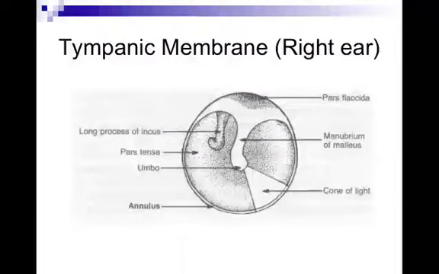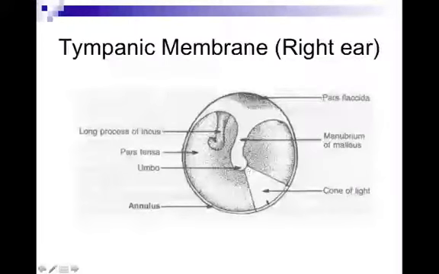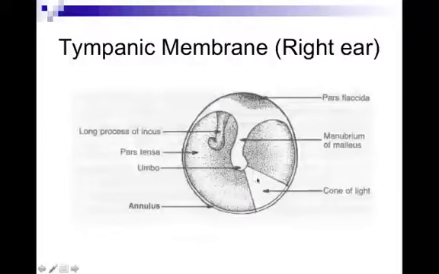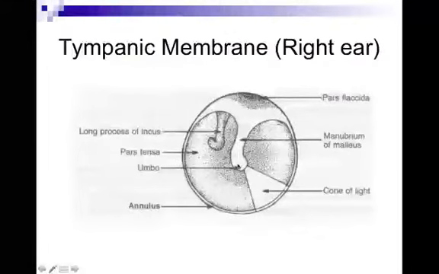Here's a schematic illustration of the tympanic membrane with some important landmarks. We talked about the cone of light, and we can say this is the right ear because it's at 5 o'clock. You've got the annulus around it, and in a healthy tympanic membrane, we should be able to see at least two of those ossicles, reflections of two of the ossicles.